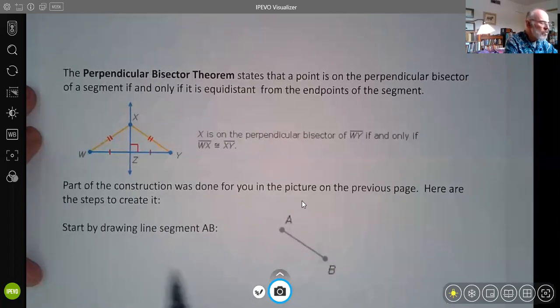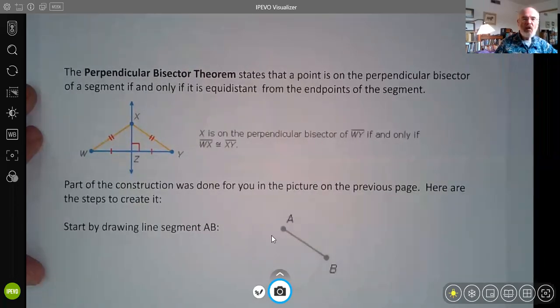So we're going to start by drawing line segment AB. All right, so I'm actually going to go over to Desmos, and I'm going to draw line segment AB. So I'm going to stop the share moment, and I'm going to share again.